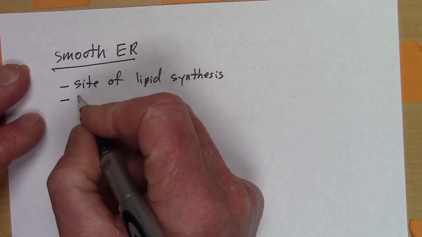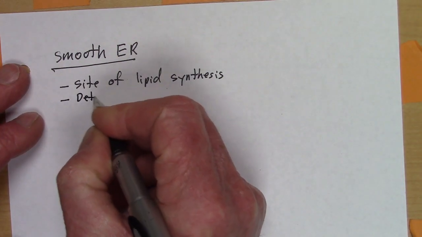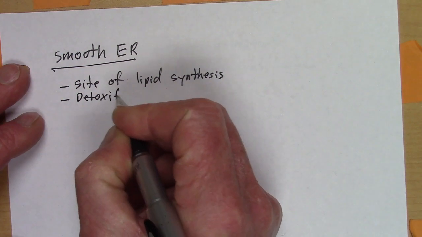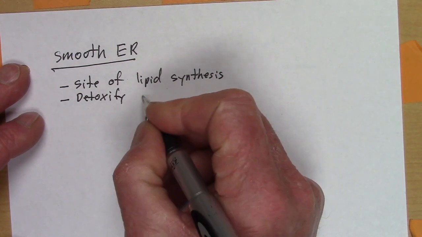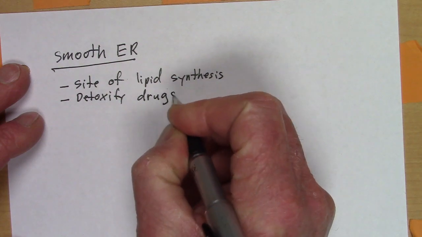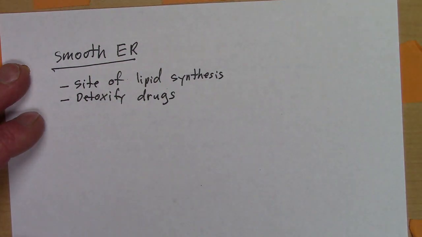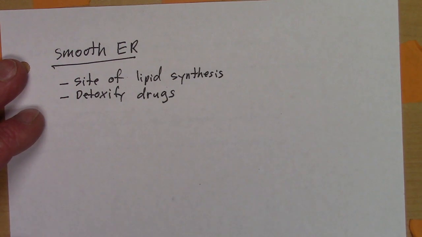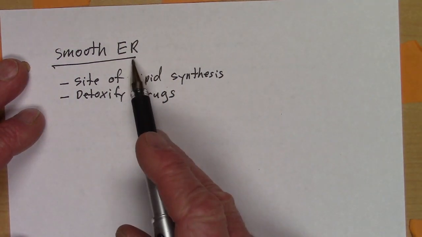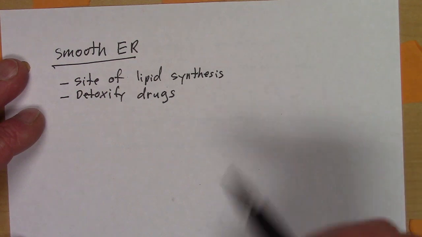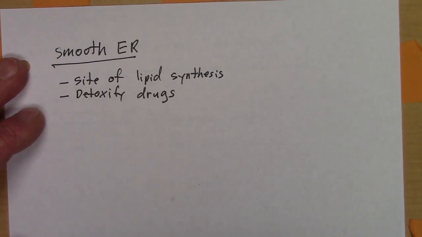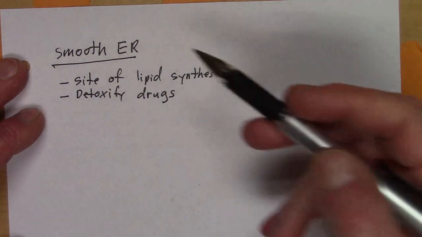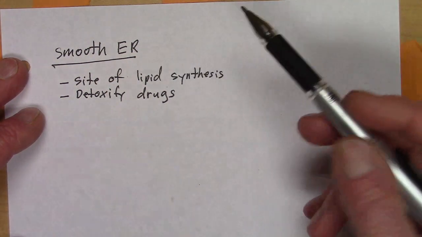Certain chemicals, certain drugs are detoxified in the smooth ER. So cells that do a lot of detoxifying of drugs and chemicals, as you might expect, have a lot of smooth ER. So liver cells, for example, that are detoxifying compounds from the blood, have an extensive smooth ER inside their cells.